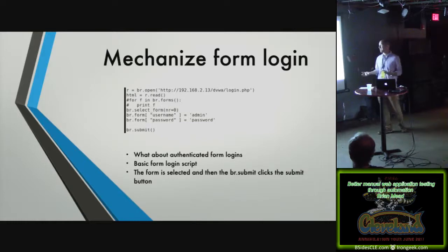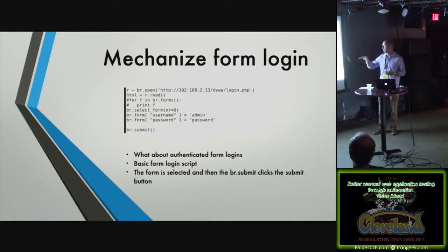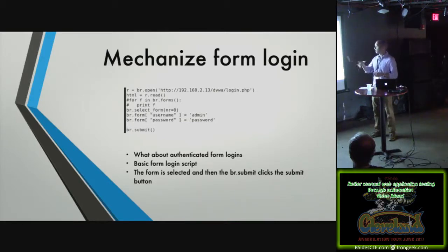Even if you're not that familiar with Python, you can just look at this and figure out what's going on. br.form, obviously that's the username, and then the password for the form field. In order to get this, all you have to do is look at the source code of the web page, and that'll give you that information.